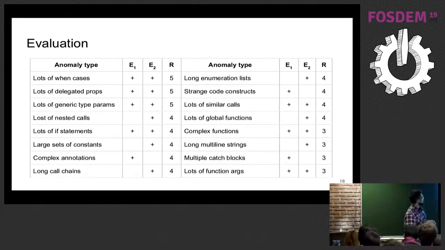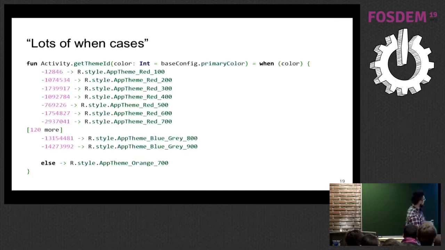This table shows this E1 column is experiment 1, E2 is experiment 2, error rank. As you can see here, most of the anomalies that were considered useful were lots of something. It's not that fancy and weird as we anticipated to see, but developers still found these anomalies useful and used them in their tests.